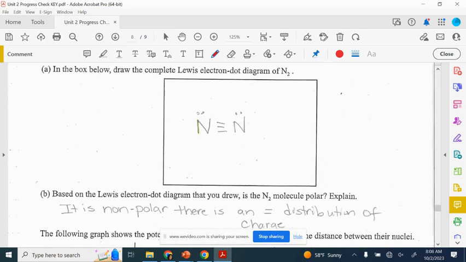Okay, so based on the Lewis dot diagram, it is N2. If you're just trying to figure out polarity, nitrogen has lone pairs of electrons. You don't even have to think about it anymore. But wait a minute, hold on. That's where I was confused. Yeah, because everything is equal. And this only really happens in these diatomics for the most part.